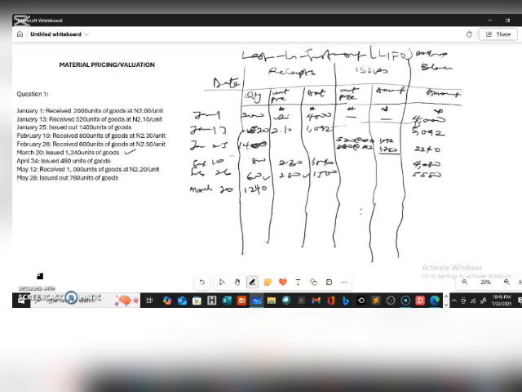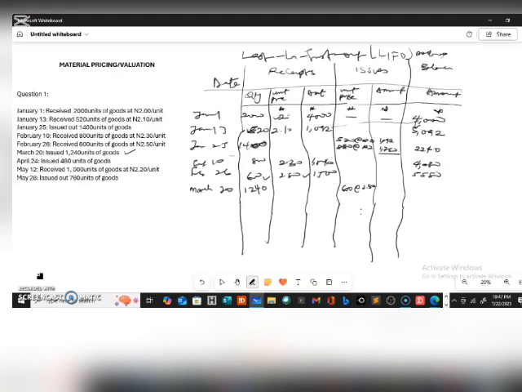So let us now consider this. We're going to break down this 1,240. We're going to take 600 out of it at 2 naira 50 kobo. Then the remaining, we have 640 left.